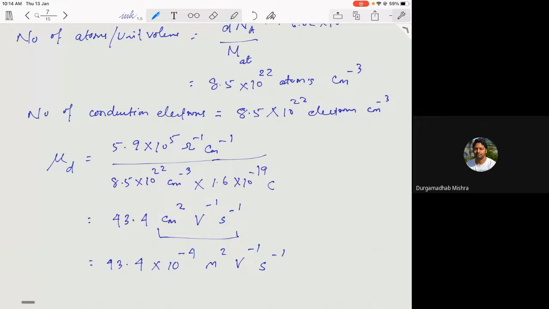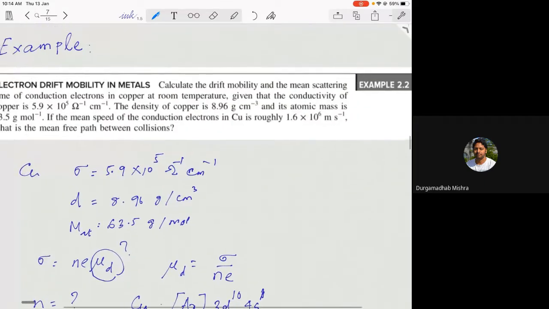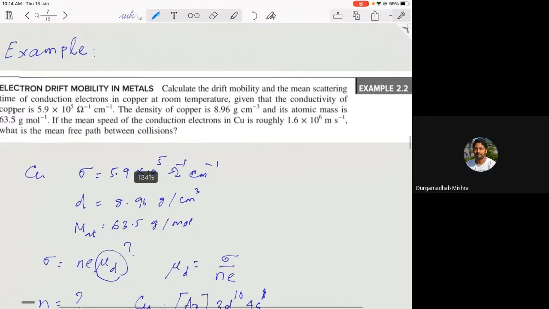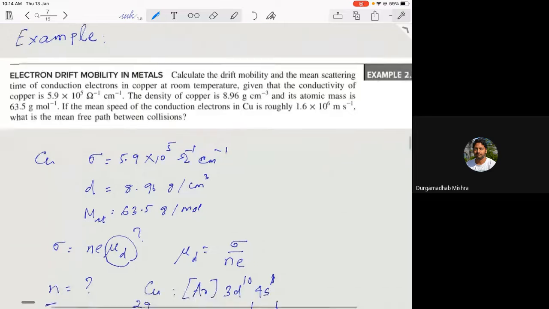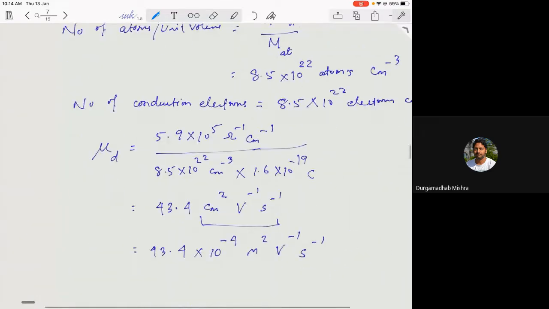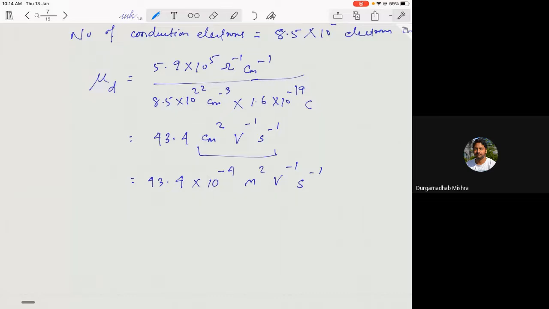We also wanted to calculate, so let's go back to the problem. We want to calculate the drift mobility, and we want to calculate the relaxation time tau. So what is relaxation time tau? How is it related to the drift mobility? When we saw the definition of drift mobility, it is given by e tau by m_e.